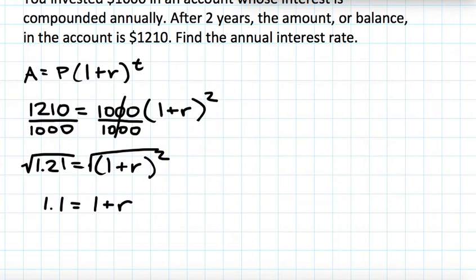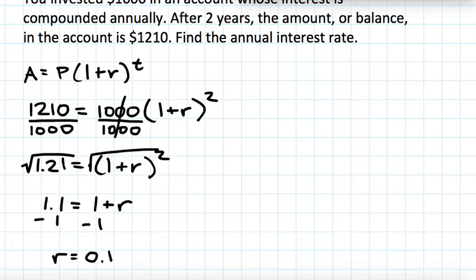So I don't need the plus or minus sign here; I can just throw the negative answer away. So I have 1.1 equals 1 plus R, and then the last step to getting R by itself is to subtract 1 from both sides. That gives me R equals 0.1.